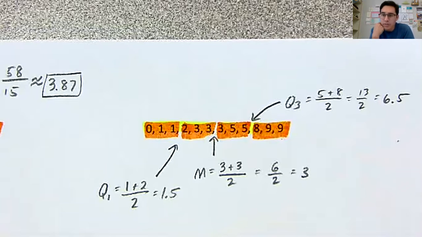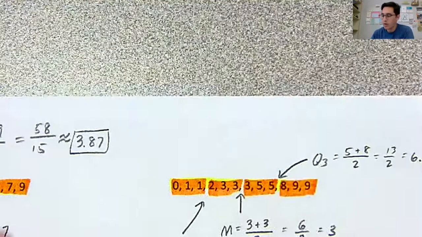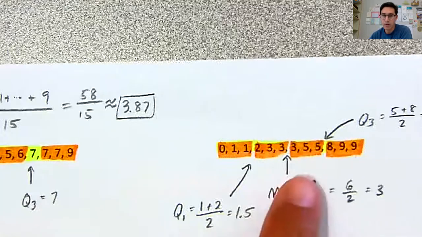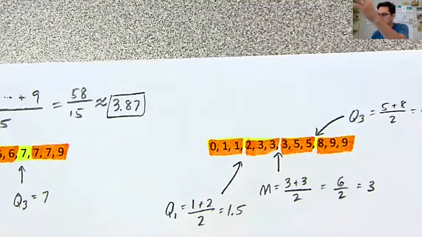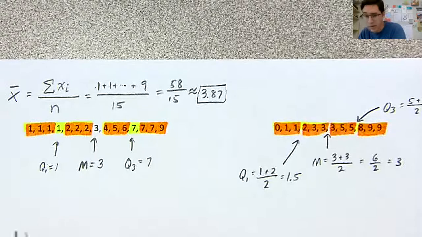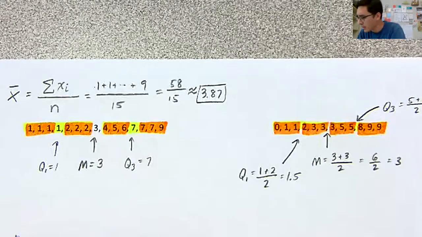But we could find other positions, right? Like I might want to know where does, say, a value of 5 in this distribution rank compared to a value of 5 in this distribution, right? So let me go ahead and copy these down again, and then I'll show you how we can compare them.